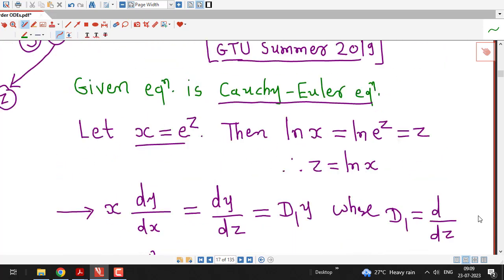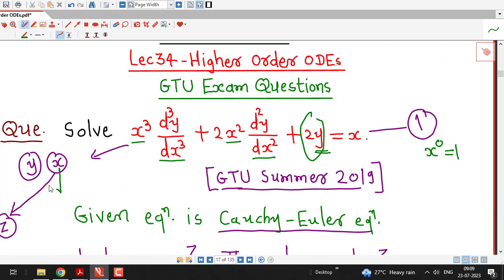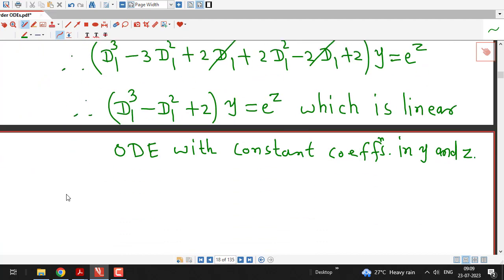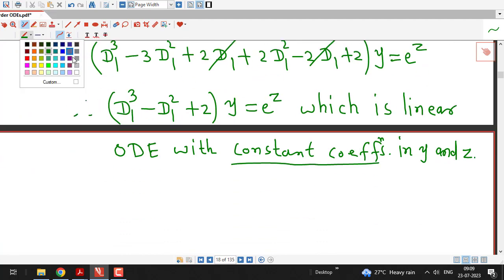The original equation was in terms of x and y, but it was not a differential equation with constant coefficients in terms of x and y. Therefore we are changing the independent variable, and we find that the differential equation reduces to a differential equation with constant coefficients in y and z.